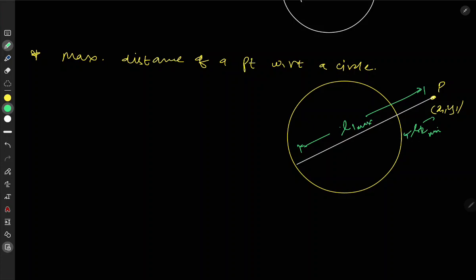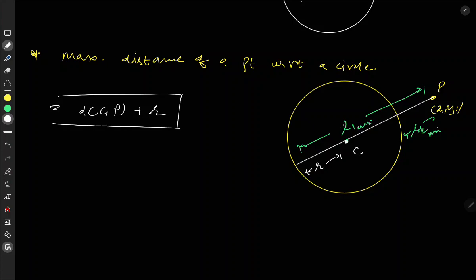So how can we write this distance in terms of radius? This point is our center, so we can write the maximum distance as, this will be R and this would be CP. So with respect to the circle, the maximum distance would be written as distance of C comma P plus R. This is a ready formula now.